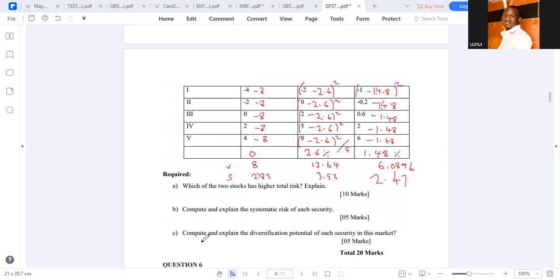Okay, so now let's go back to compute and explain diversification potential for each security. So what are we doing here? Diversification potential here, we're looking at what?